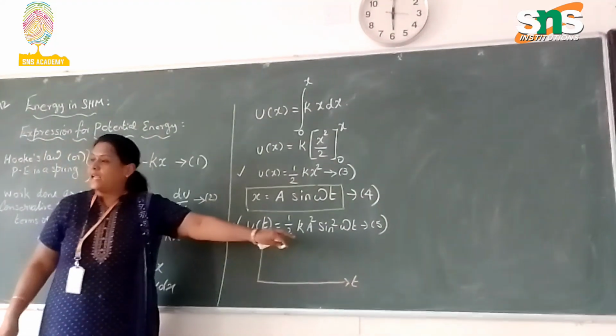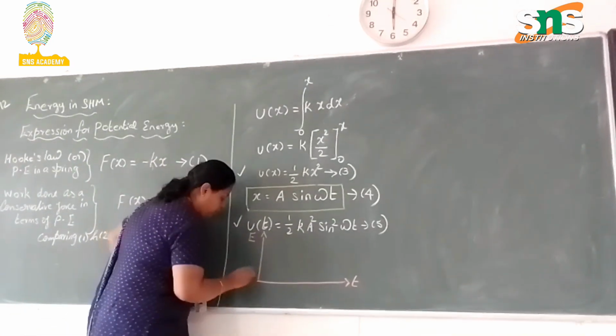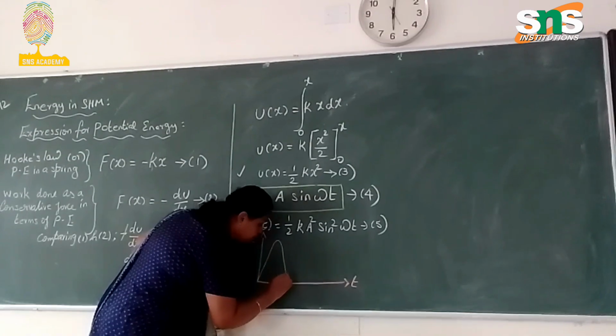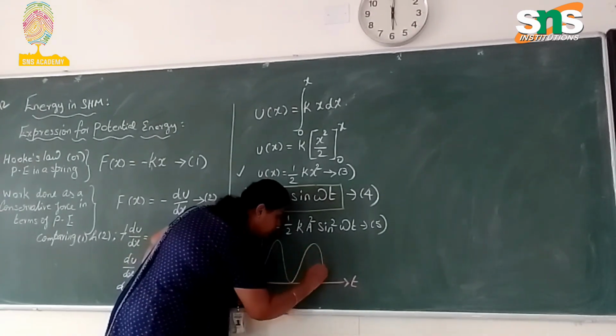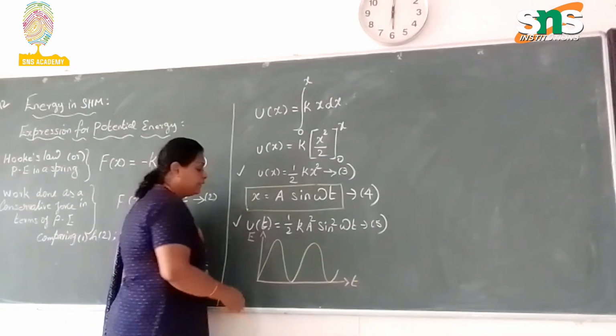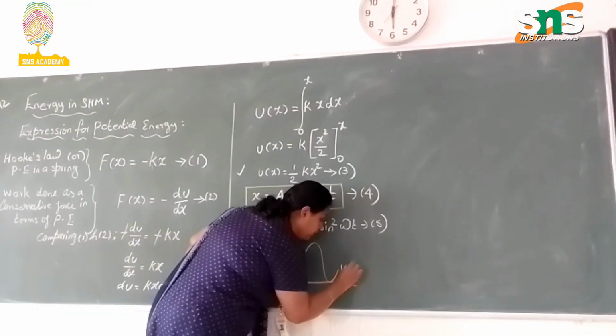Since it's a sine wave, it will start from 0. My graph will look like this. This is the graph for u of t.